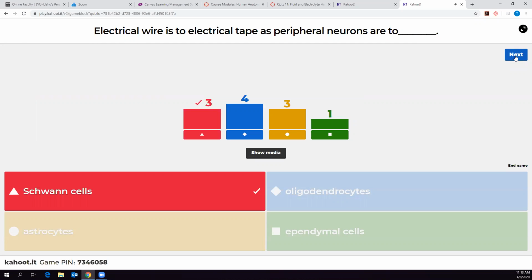Oligodendrocytes are in the central nervous system, and astrocytes are around, I know you're thinking blood-brain barrier, but they are around the dendrites, not the axons. Okay, because they're protecting the cell body. So Schwann cells in the PNS. Remember that relationship. I guarantee you that'll be a question on the exam.